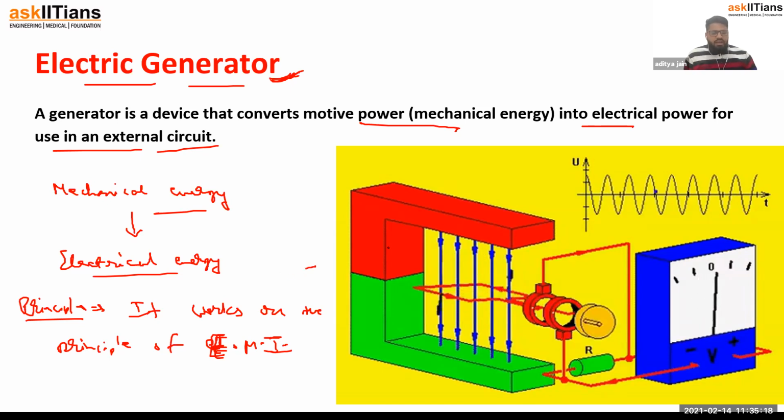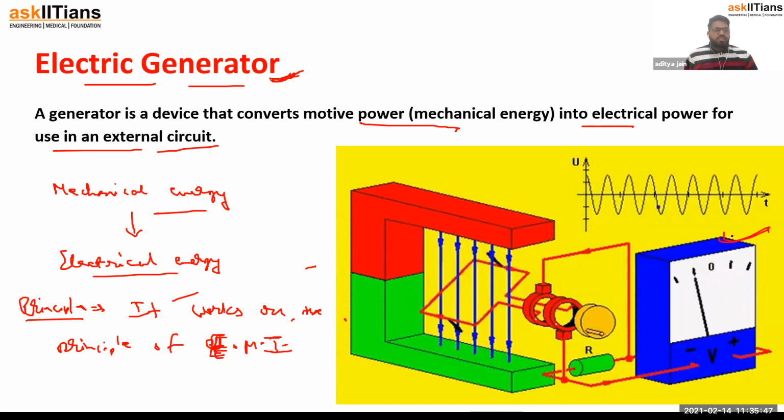You can see in this diagram there is a coil which is continuously rotating in a magnetic field. A magnet is given, and between the magnet the coil is kept and it is continuously moving. So you are giving it mechanical energy. Due to that mechanical energy, you are getting some potential difference in the voltmeter connected in the external circuit.